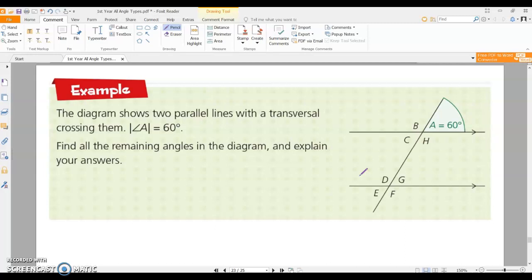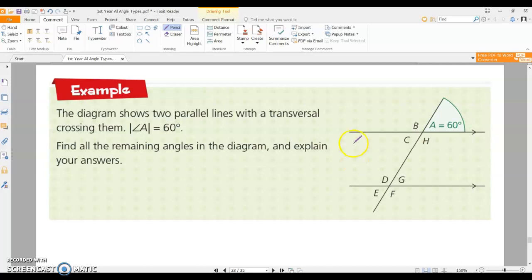Now, what I would say is they're all going to be 60 or 120, and it's pretty obvious from the diagram which ones are 60 and which ones are 120. All right, but if you look at the question, it says find all the remaining angles and explain your answer. So it wants a reason. Okay, it wants one of those keywords that we've looked at today: supplementary or corresponding, etc.